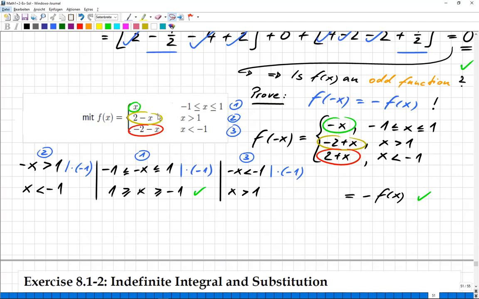And this one gets replaced with negative 2 minus x. If I take this whole quantity and change its sign, I get negative 2 plus x. And here, if I change the sign, I get positive 2 plus x. So everything is fine. That's the proof that in general it holds that f of negative x equals negative f of x.